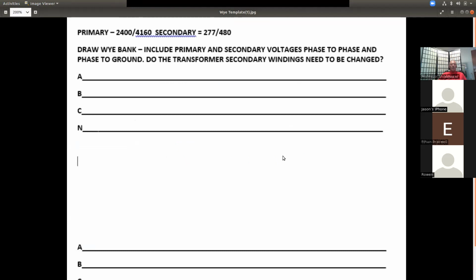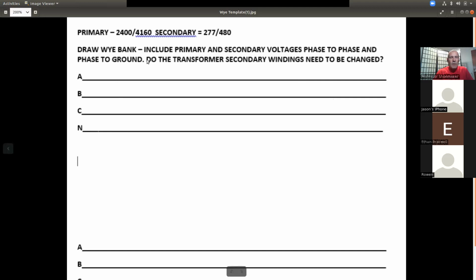So what's your primary voltage? 2400 is phase to neutral, right? And 4160 is phase to phase. So all you'll have to do is draw a line A to N, 2400, B to N, 2400, C to N, 2400. Then come over here and put in 4160 A to B, 4160 B to C, and 4160 A to C.